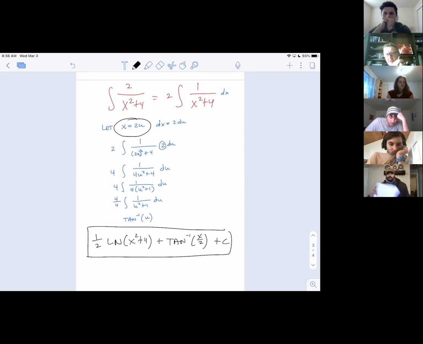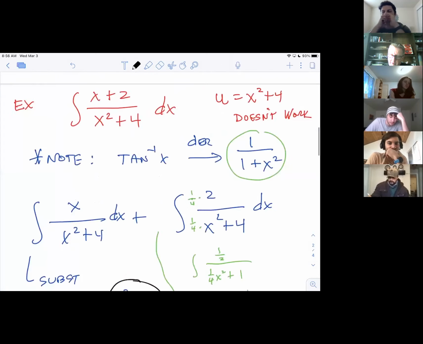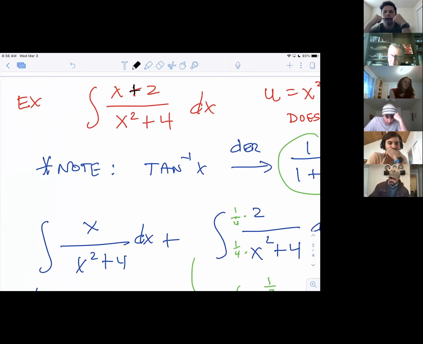I think that's right. You see how tricky these are though? What you're doing with integrals long term is trying to get it to look like something that you're comfortable with. One of the things we did with this problem is we said, I don't really like that there's a plus sign up here, but we can split it apart.